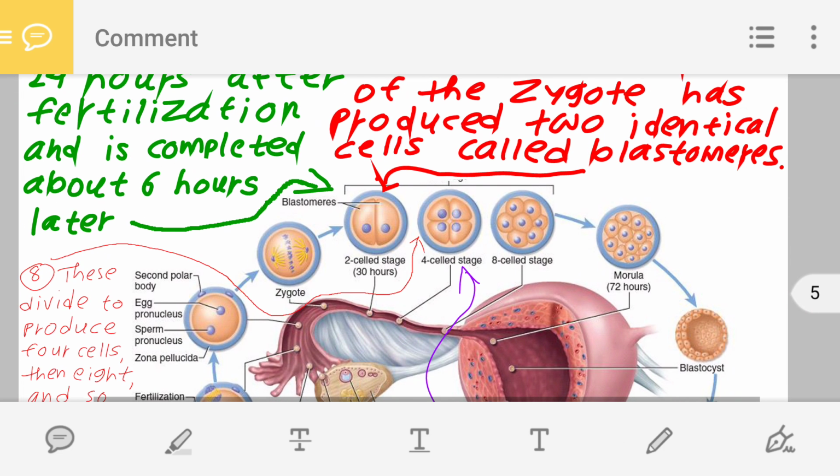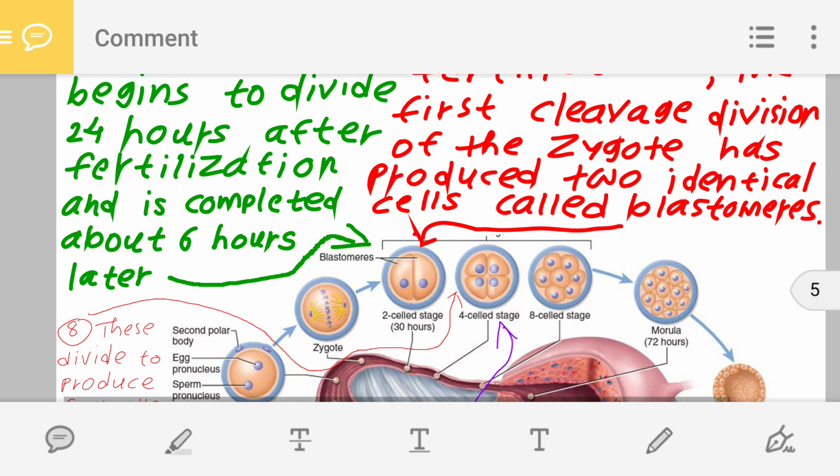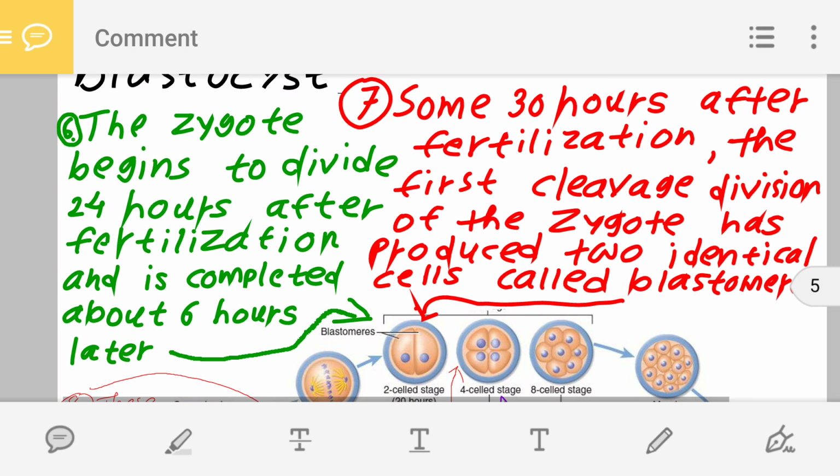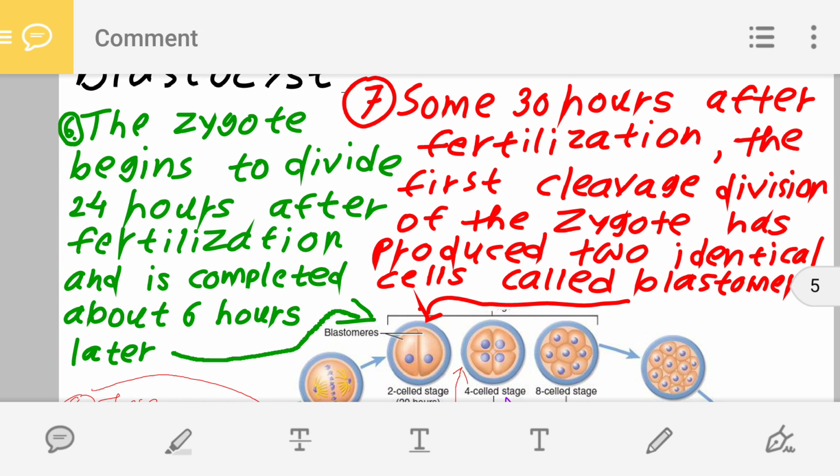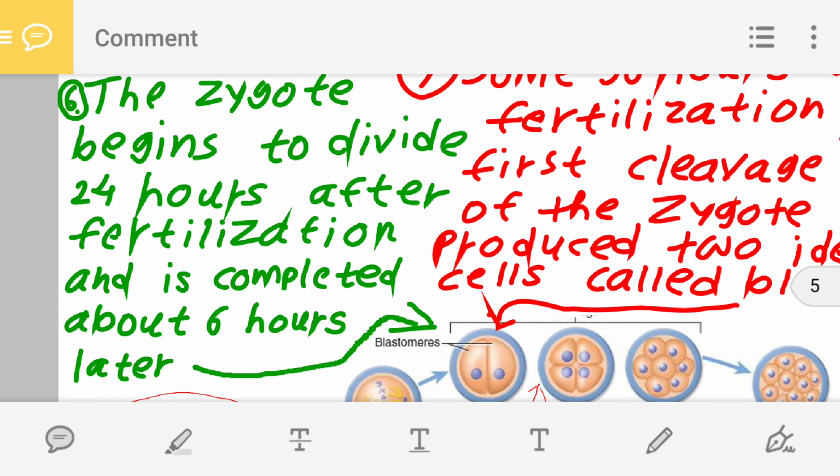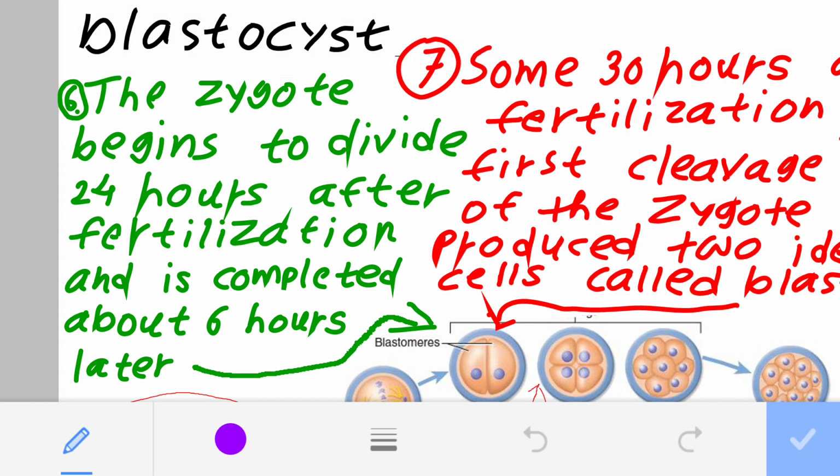This is the figure, and one by one I am explaining all the points. So this is the first point. 24 hours after the fertilization, the cleavage begins and it is completed about 6 hours later.